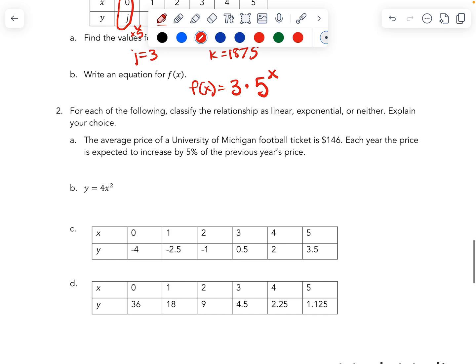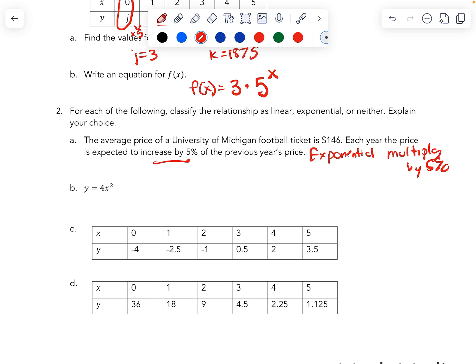If we had to classify linear, exponential, or neither: the average price at the University of Michigan is $146, and it's expected to increase by 5%. That would make it exponential because you multiply by a constant percentage.